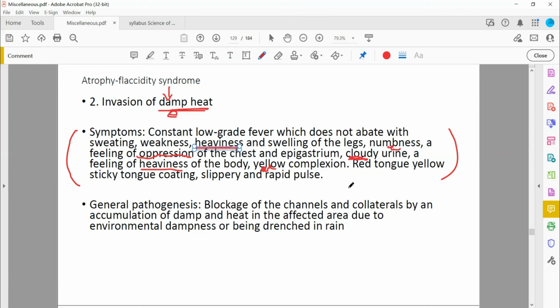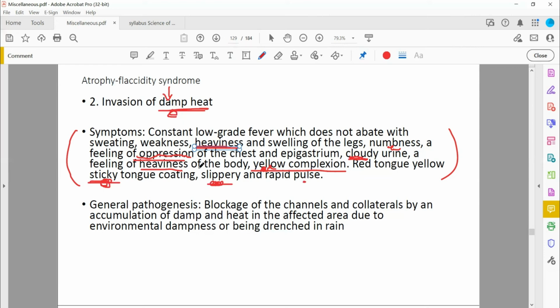And sticky also. From the pulse, slippery, that's the dampness. So for dampness: heaviness, oppression, cloudy, yellow complexion, sticky, slippery.